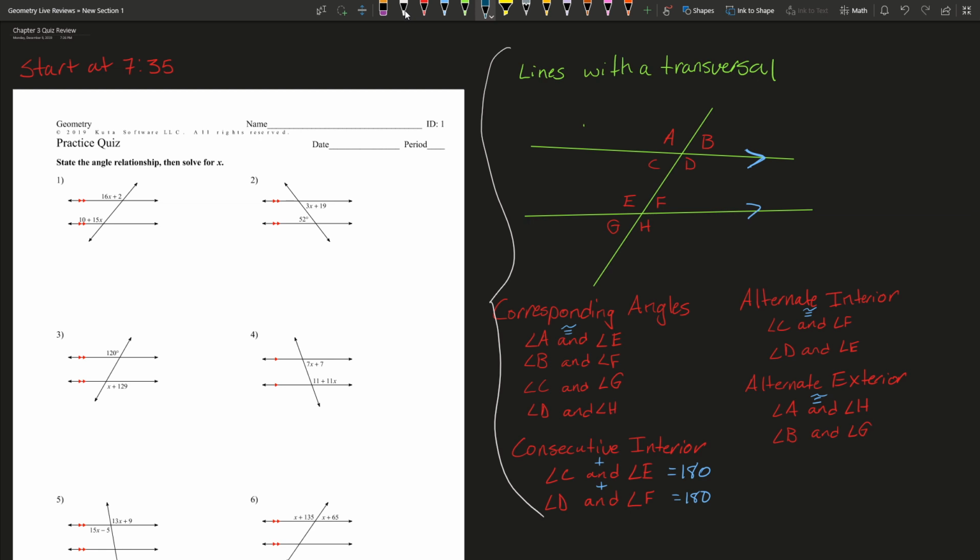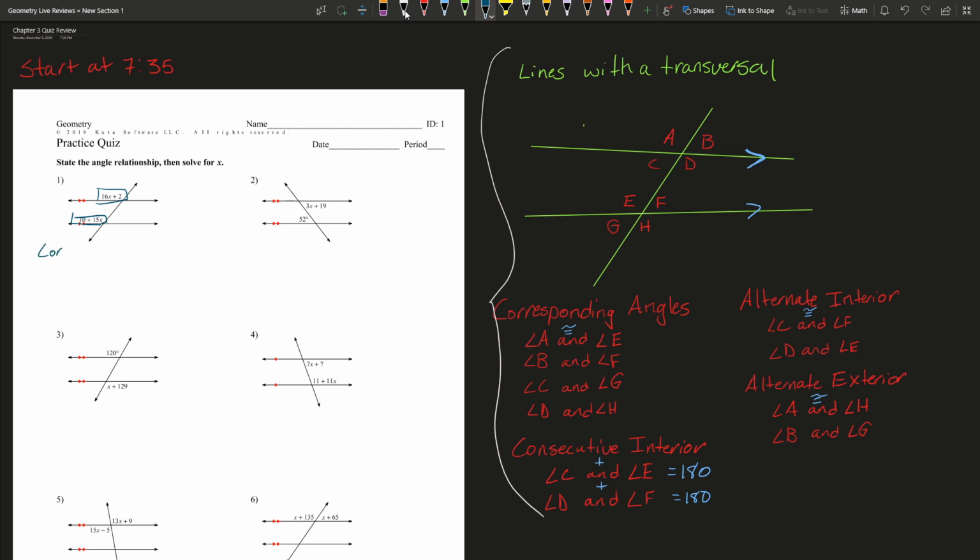Starting on number 1, these two angles are corresponding angles, and these two lines are parallel. Because they're corresponding angles of parallel lines cut by a transversal, they are congruent to one another, which means their angle measures are the same.